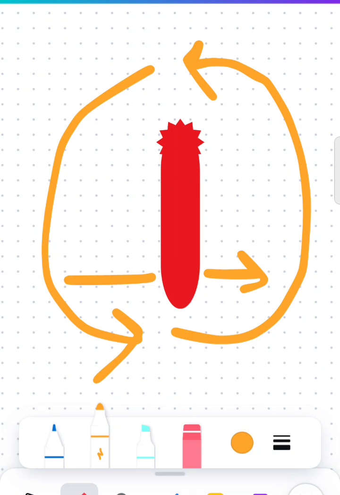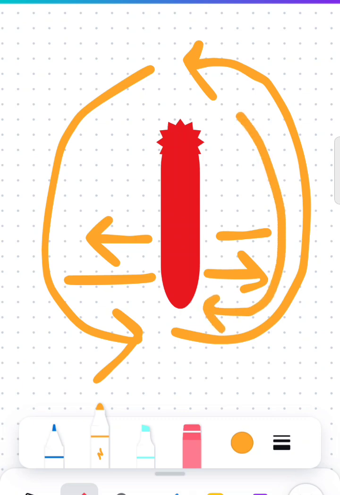And if we apply the force downward, the plank will turn in clockwise direction. Yes, in the direction of the hands of our clock. It is clockwise motion.